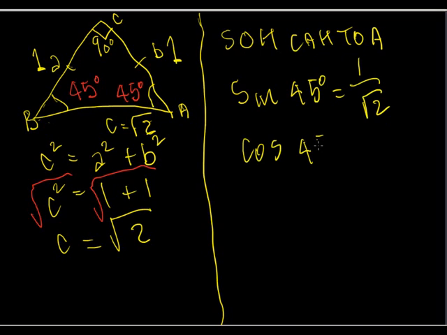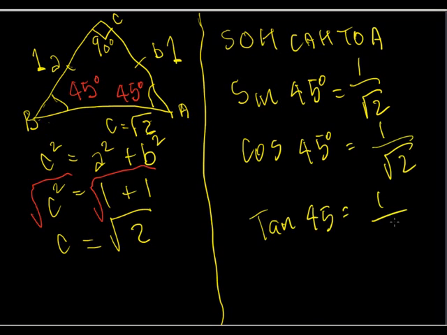Cos 45 degrees equals adjacent, which is 1, over the hypotenuse, root 2. And tan 45 equals opposite, which is 1, over adjacent, which equals 1.